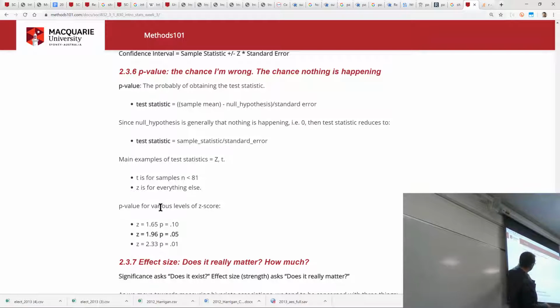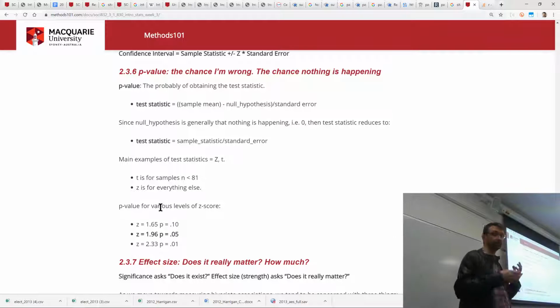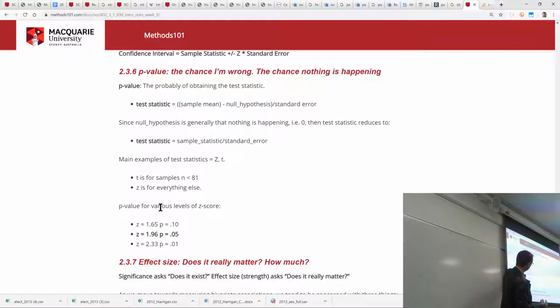We have 2 main examples of test statistics, the Z and the T. T is for very small samples, less than 81. Z is broadly for everything else that we assume a normal distribution. And you can look at some of these numbers. The main point is that as Z gets much bigger than 2, very quickly the p-value starts to be really, really tiny.